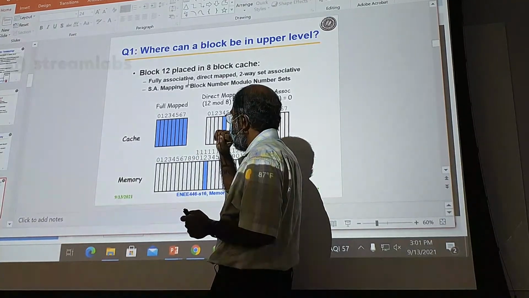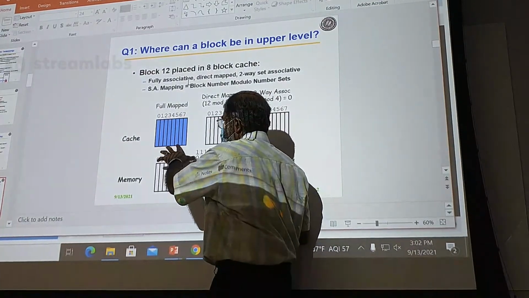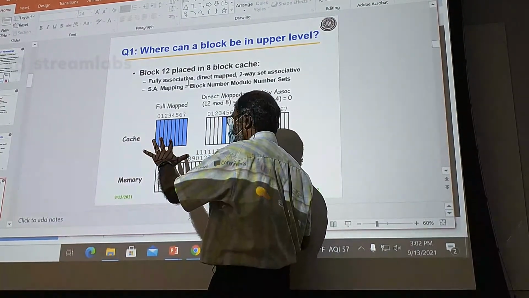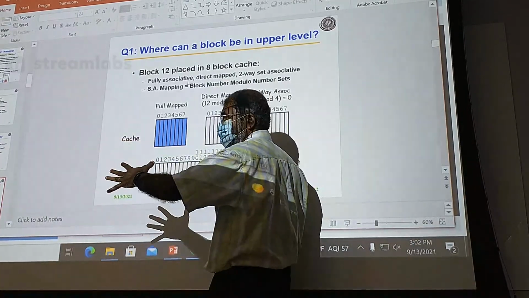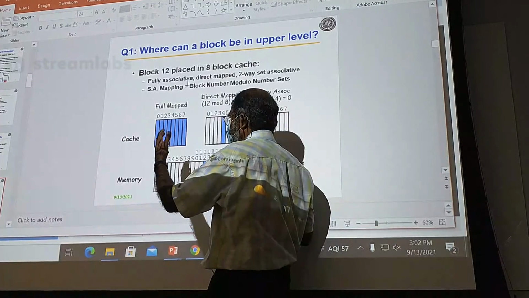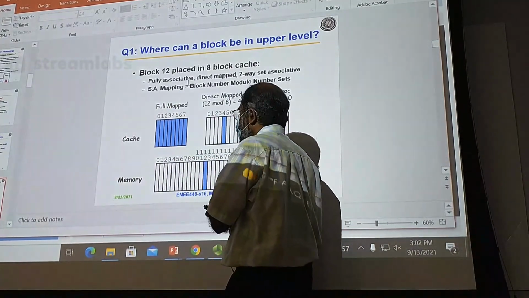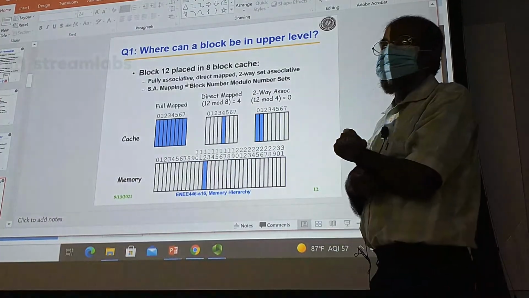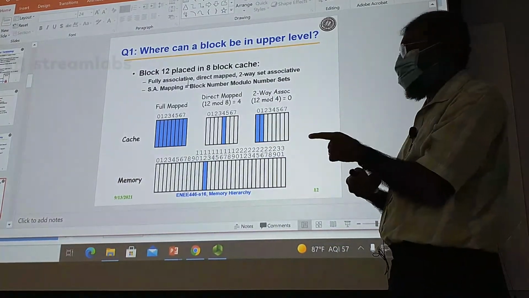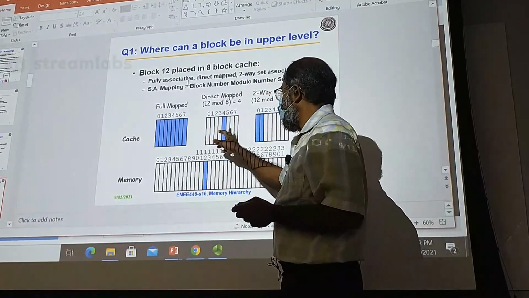You do the access in parallel, which means in this case you will have 8 comparators all working in parallel, trying to do a compare, and then a multiplexer which will then select the one that matched. All that would mean a lot more power consumption and definitely more delay than these.